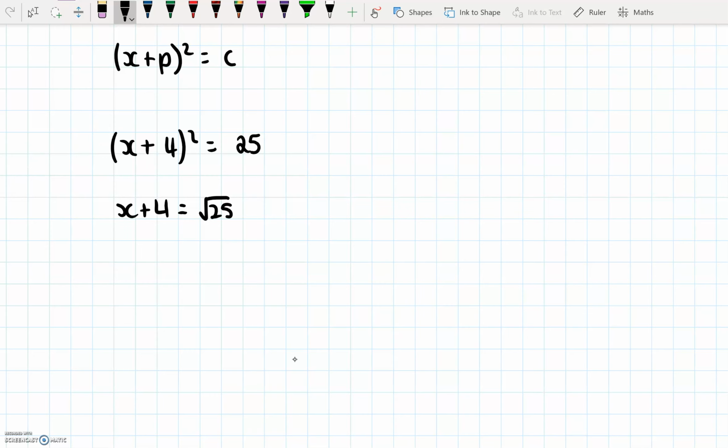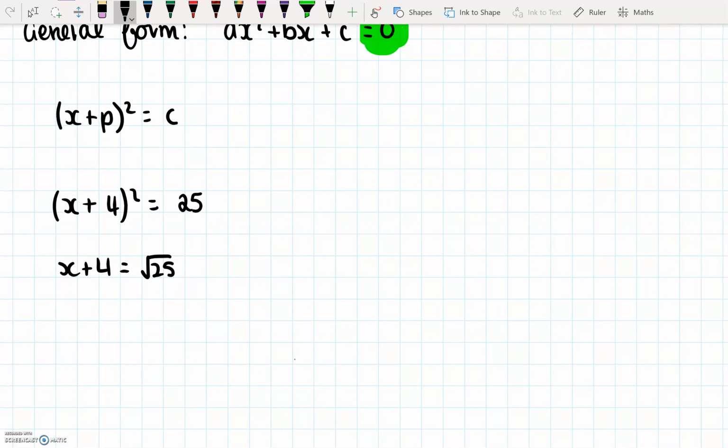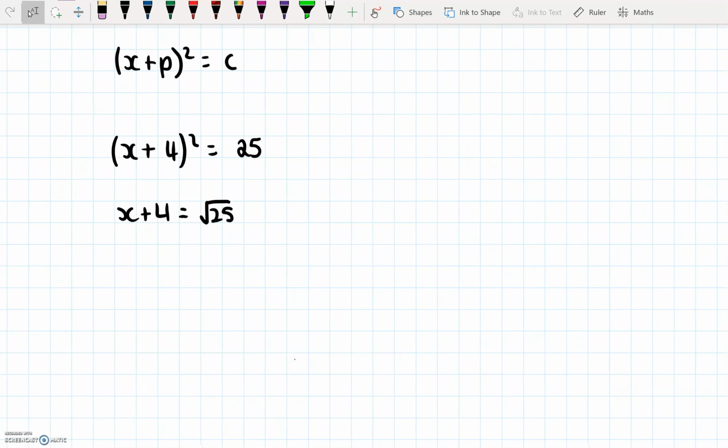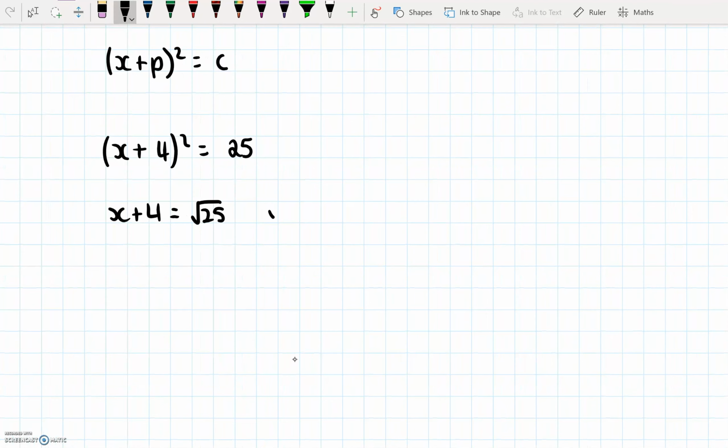You have to then remember that we also get a negative. So we also have x plus 4 equals the negative square root of 25. All right, so these are our two solutions, and from here we can work our way through.